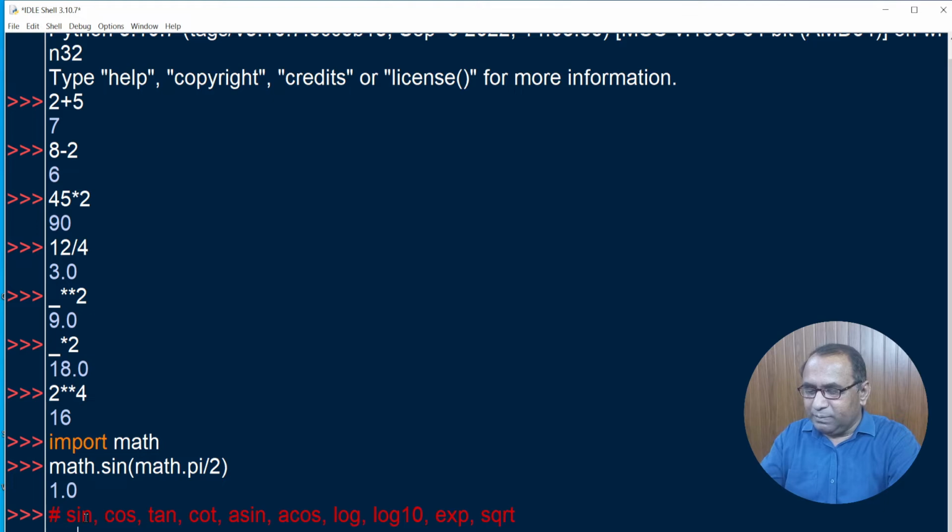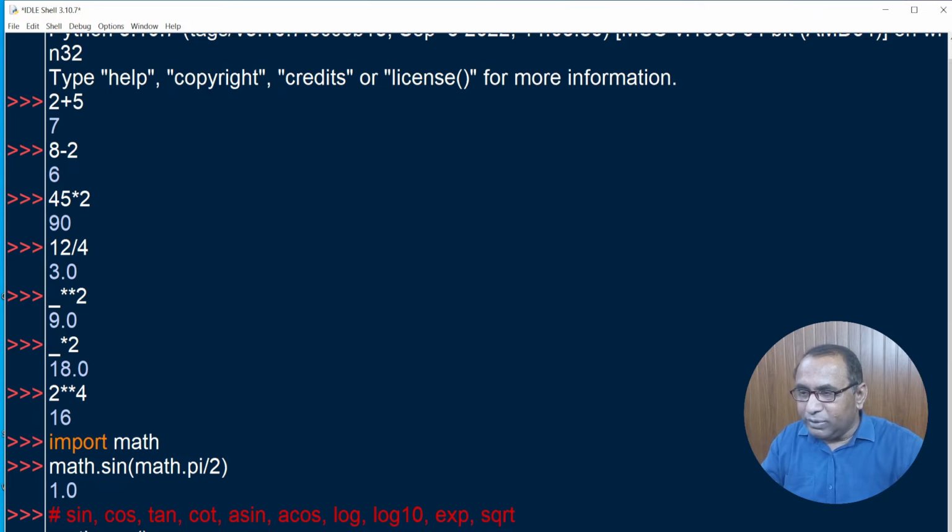If you want to use them, how can we use them? You can see the example: math dot exp. Exponential is a function which lies in the math module. So this is the statement. First is the math module.